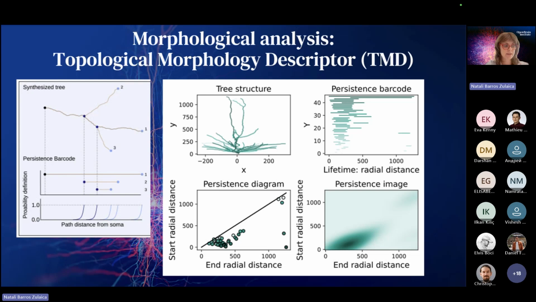And this image-based topological summary has been used in several applications, such as neuronal morphology classification, as I told you before, and also glia classification. So we are going to use it to find differences between species.